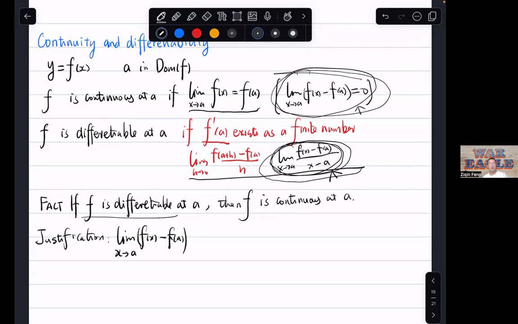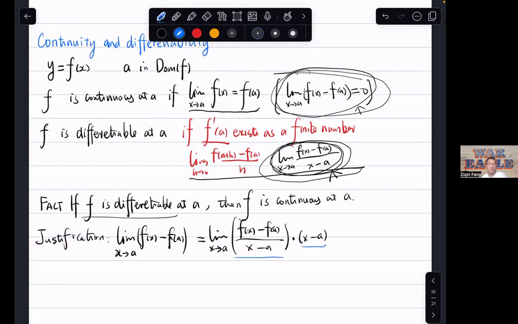Let's make the connection, and clearly the connection is easy. This is the same as the limit as x goes to a of f of x minus f of a over x minus a, times x minus a. The second factor goes to 0.